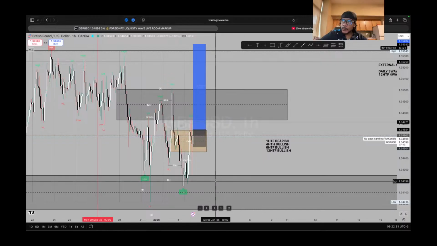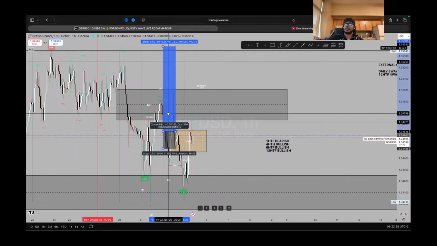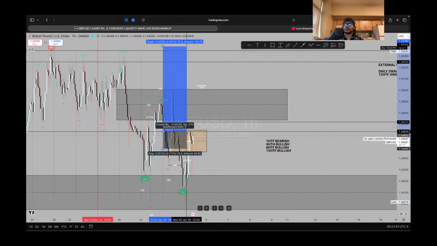This is the boring part, man, where you gotta sit and wait. All right, so 4 hour. Honestly, I want my stop below this new 4 hour candle.